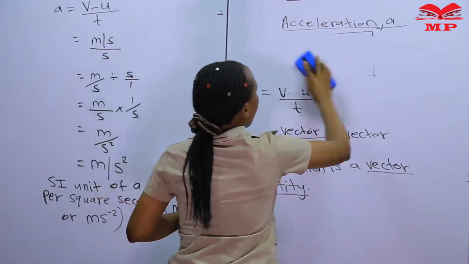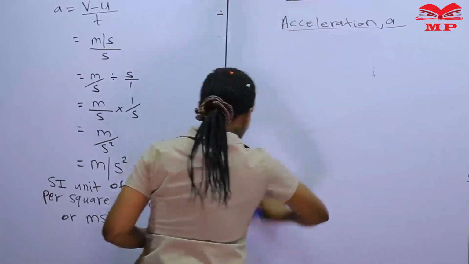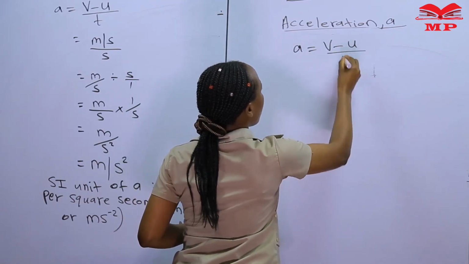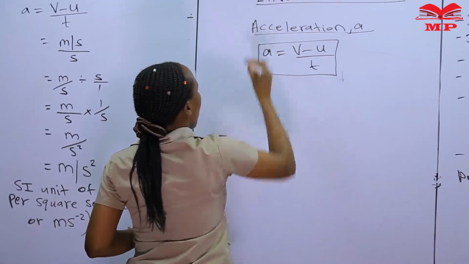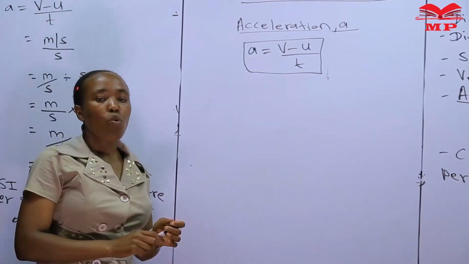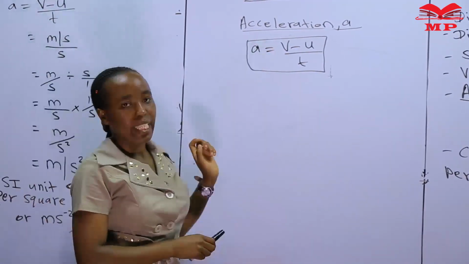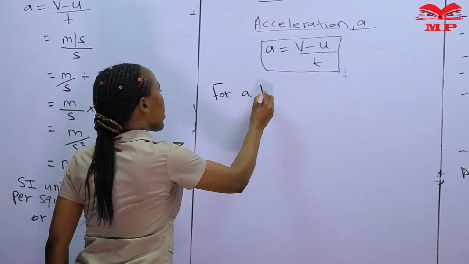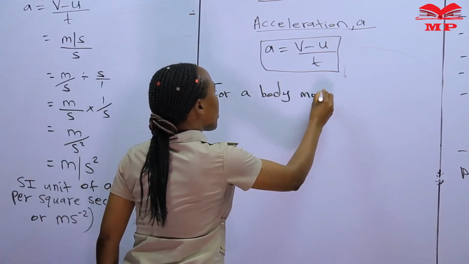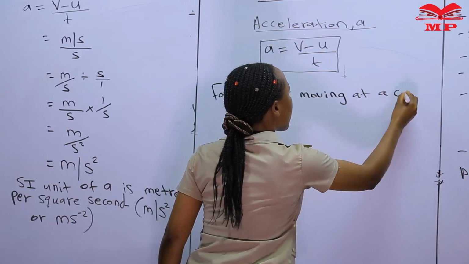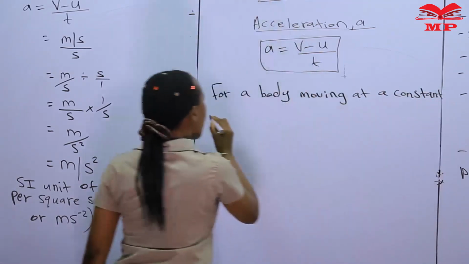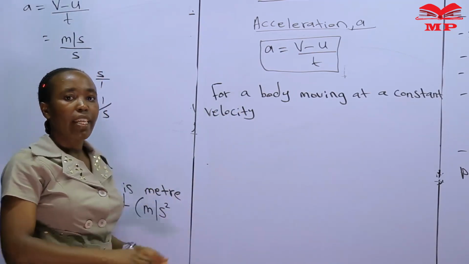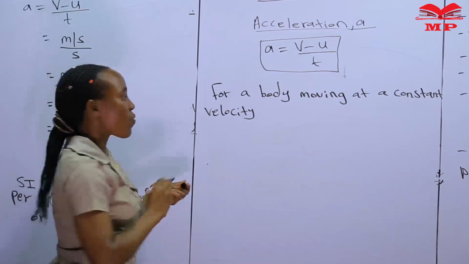Now, again with acceleration, let's have the formula here still. Acceleration, we've said, is the rate of change of velocity. Now, if we have a body moving with a constant velocity, if the velocity is not changing, that means that the initial velocity is equal to the final velocity.